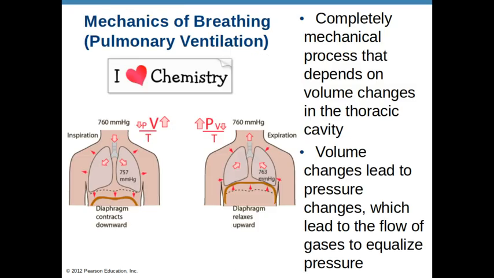If I make this box smaller, then I increase the pressure. You can see that here, an increase in pressure because of the decrease in volume. So that's going to send air naturally out. If I make this volume larger, see the volume has now increased. The pressure has this inverse relationship with it, and the pressure in this cavity goes down. That's going to bring air in.